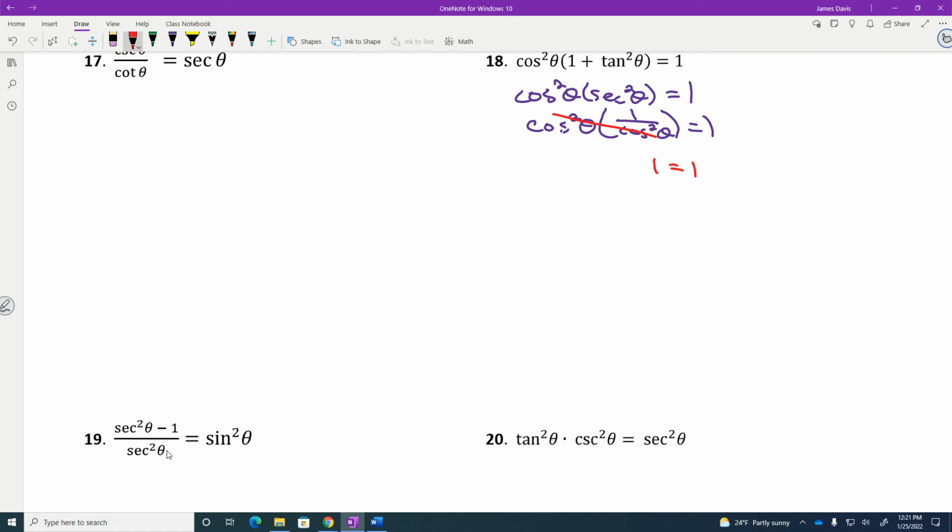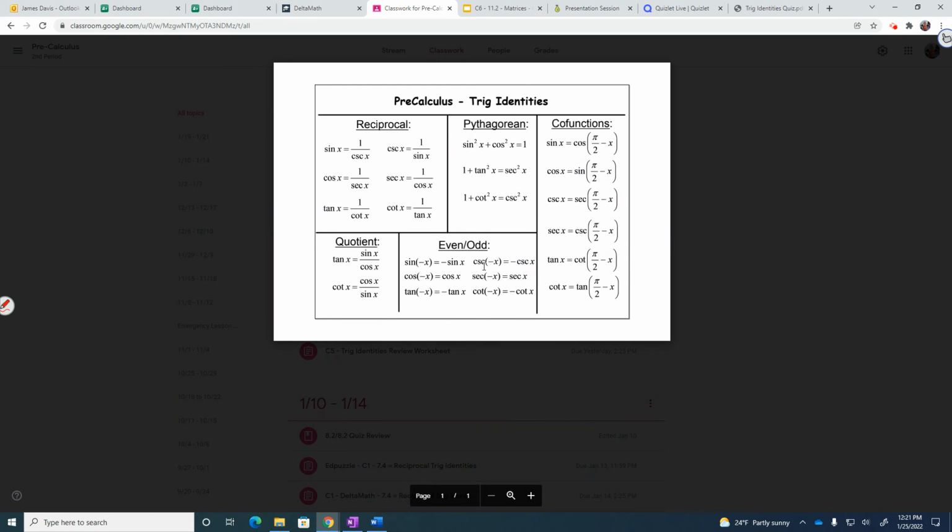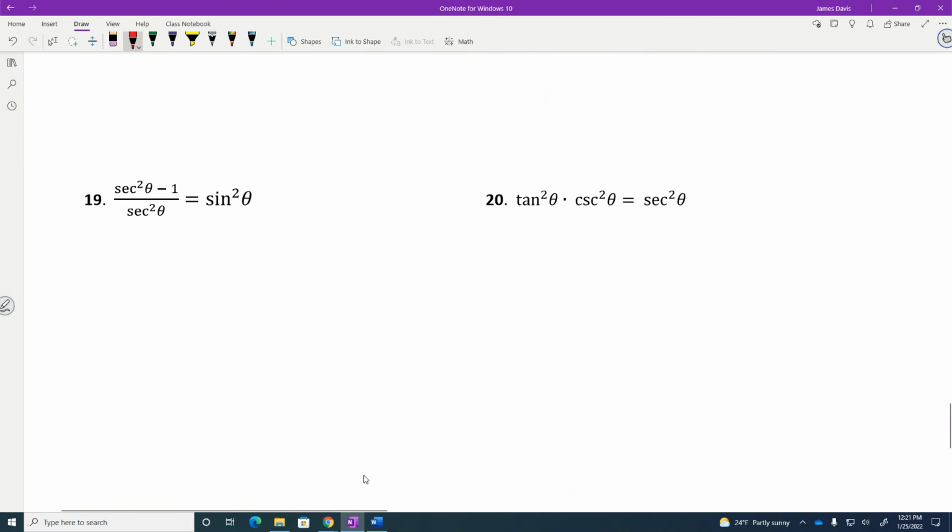Let's do 19 as well. So I'm guessing that's the question for 19. Notice we have a squared and a 1. So a secant squared, let's find that one. Here we have secant squared minus 1. Notice if you just subtract the 1 over, that will give you secant squared minus 1. So we want to replace secant squared minus 1 with tan squared. So this becomes tan squared over secant squared.